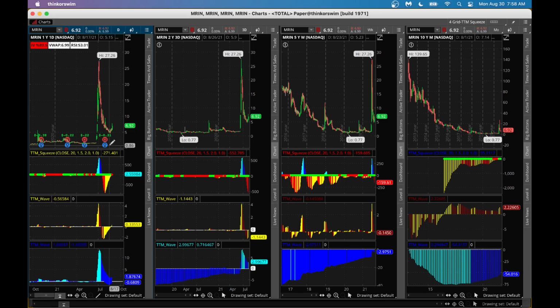You can buy the stock outright, or you could buy call options if you want to. But for call options, it indicates a very high IV percentile, or implied volatility percentile, so I would rather buy the stock outright. It's a $6.92 stock.